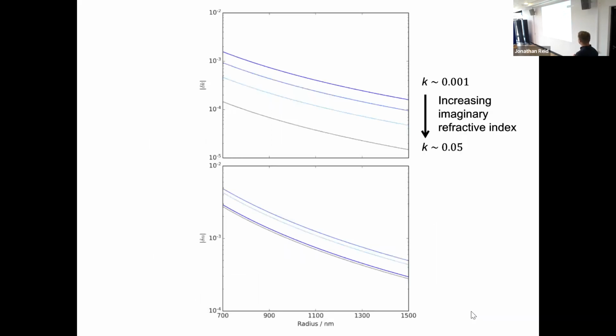So when we look at the retrieved accuracies, this is the absolute difference between the input and the measured imaginary refractive index. And as the imaginary refractive index increases from a really small value to a value that's more consistent with black carbon, so something that's really very absorbing, you see the accuracy increase.